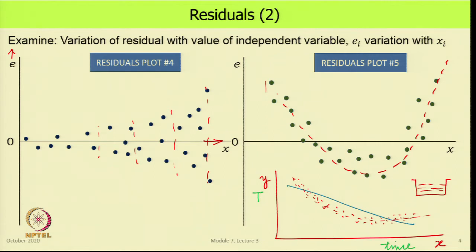So, to fit a linear curve to this would fundamentally be wrong. We should have said that I would expect a trend like that.